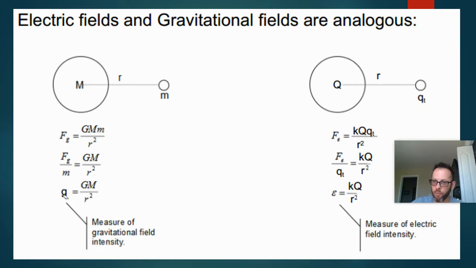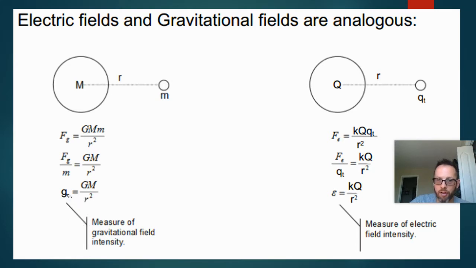We've already derived this: gravitational field strength g is GM over R squared. G is Newton's constant of gravitation, M is the mass setting up the field, and R is how far you are from that mass setting up the gravitational field. This equation gave us the field strength.